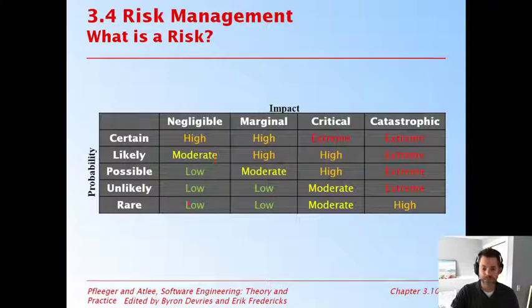However, if it's a negligible risk, maybe an annoyance for your user, and pretty rare or unlikely, maybe you just ignore it, or subcontract it out to somebody else, or do some base level of risk mitigation. The point is that we're trying to get information about risk to make decisions on what to do with it. Depending on how you feel about these things, because this can sound horribly inhumane, it's good to have data to back up your decisions later on. I will say that.